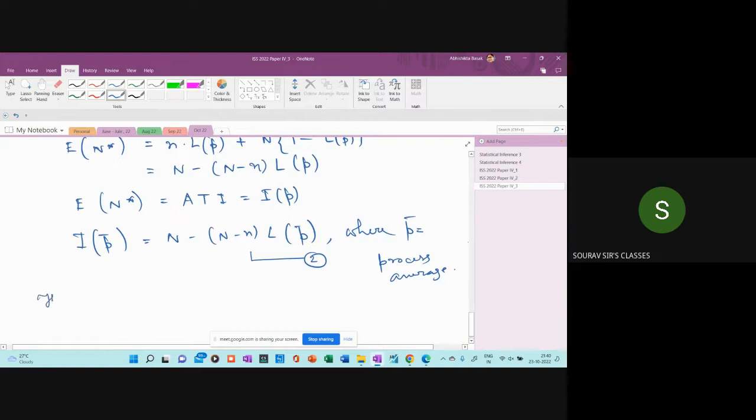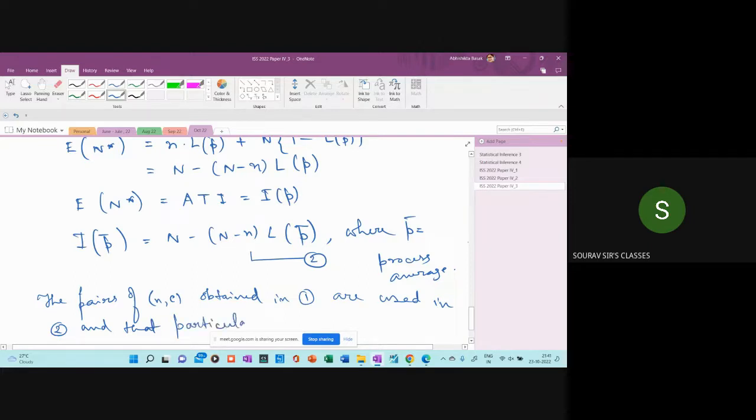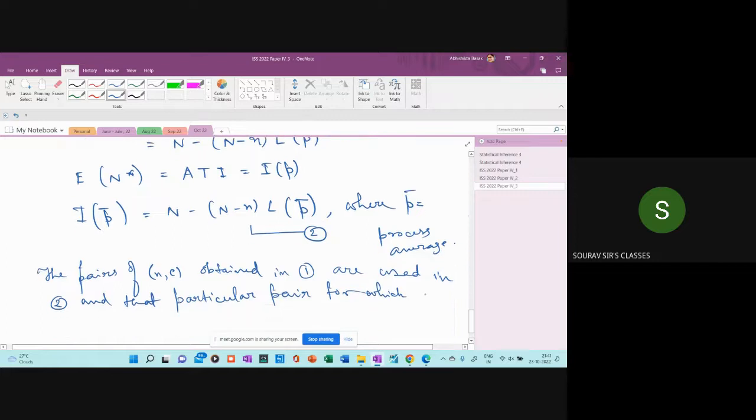So the pairs of N and C obtained in 1 are used in 2, and basically what we are doing is getting a particular pair of N and C from 1 to use in this equation 2, I of P bar, that particular pair for which this I of P bar is minimum.